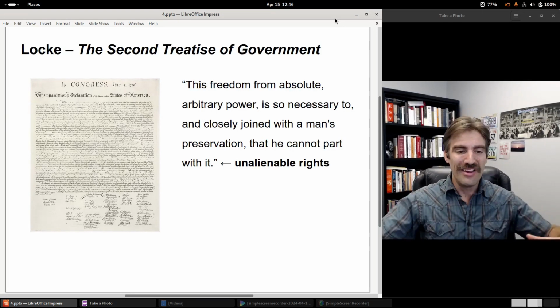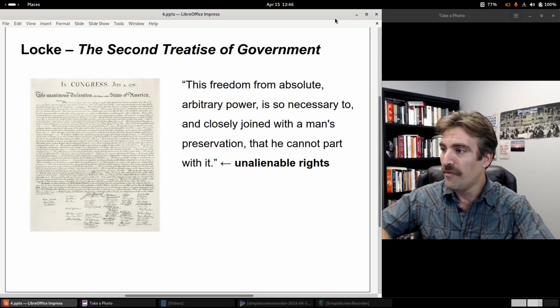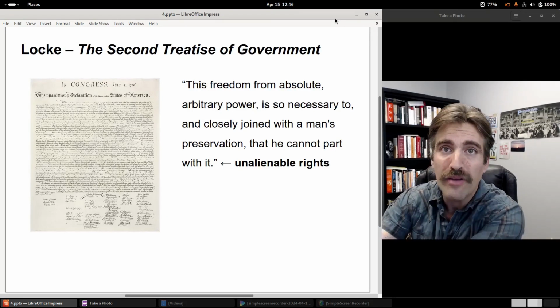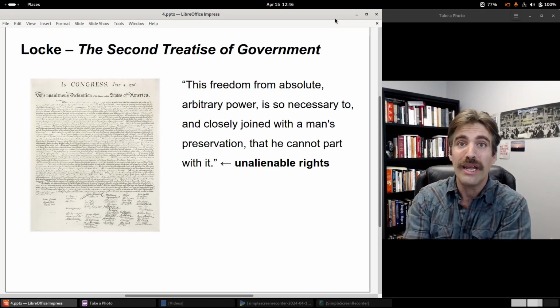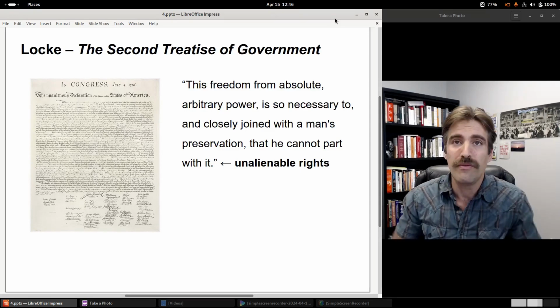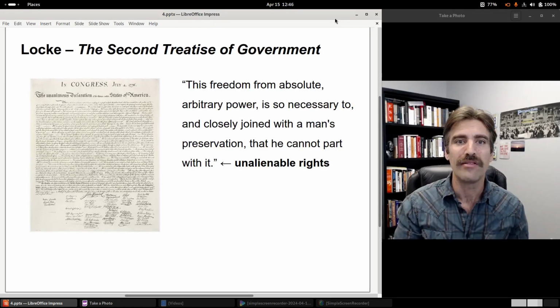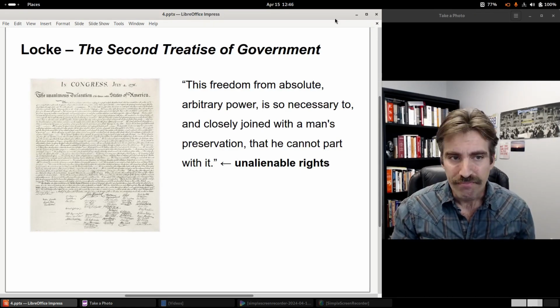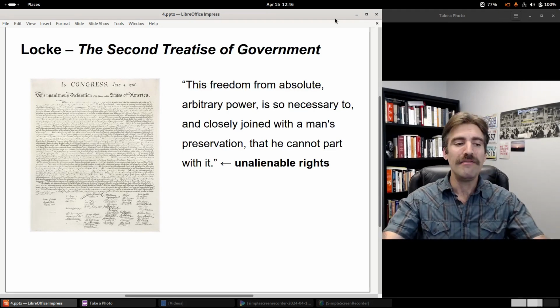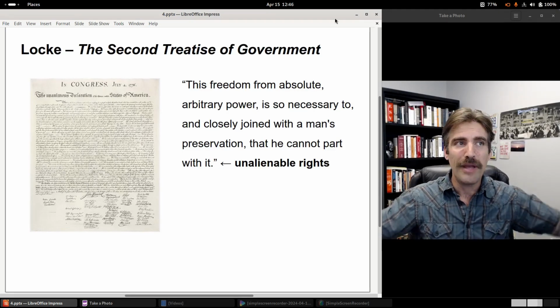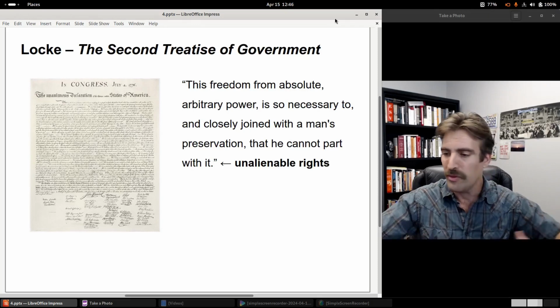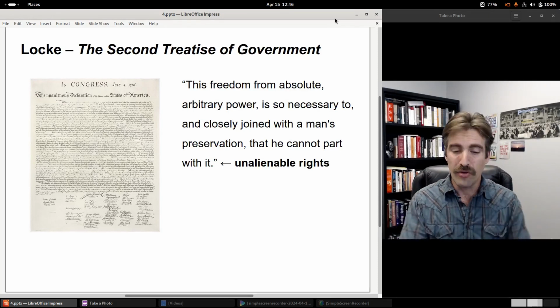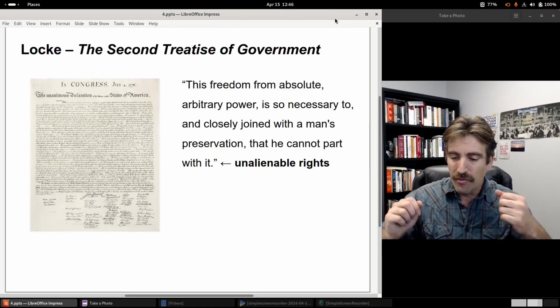You don't transfer it over to the government. You don't renounce it upon joining a civil society. No, it remains. You still have these rights. Hobbes said, when the people covenant every man with every man to create the state, they renounce right.